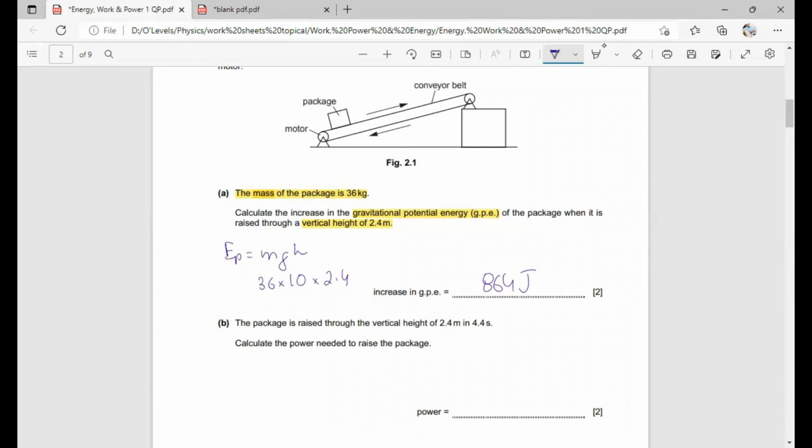Now, in the next part, we have energy, so what about power? Calculate the power needed to raise the package if the time taken is 4.4 seconds. You know well that power is equal to energy over time. So power is equal to 864 over 4.4. So this is about 196.36, 196 watts.